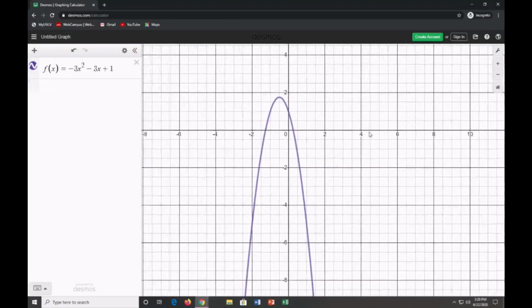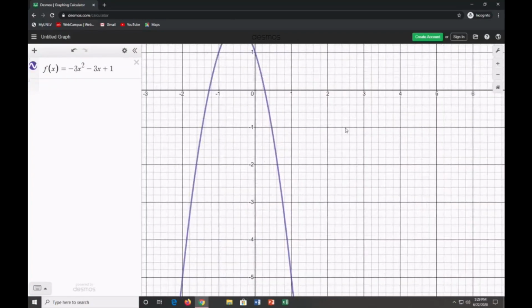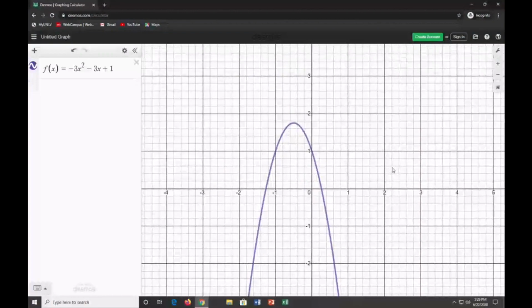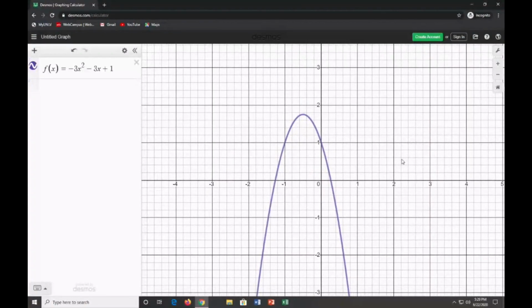So here it is. Can we zoom in a little bit, maybe? A little bit, yeah, that's better. So this is the graph generated by this computer. So let's snap to the various points that we found. You can see 0, 1. Right there is the y-intercept. Let's snap to it and label it. That's the y-intercept.